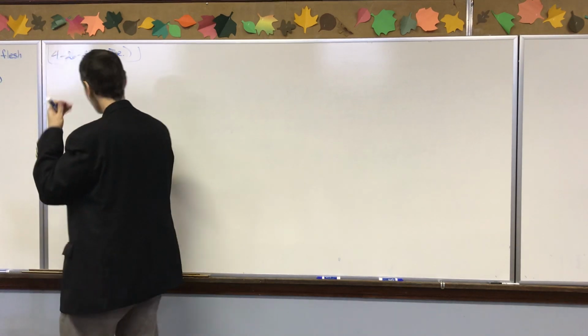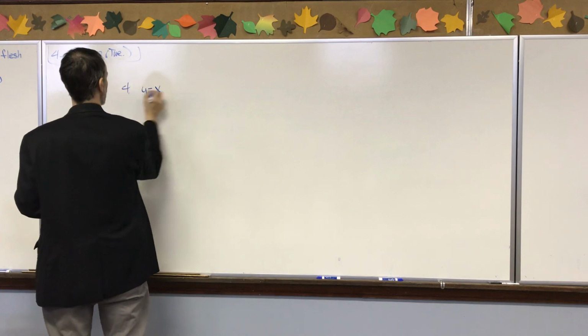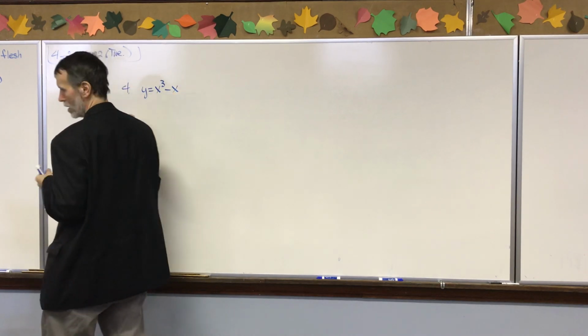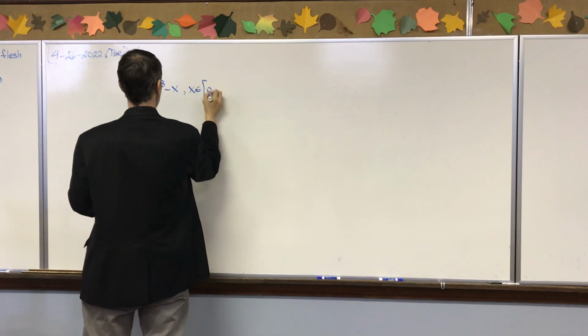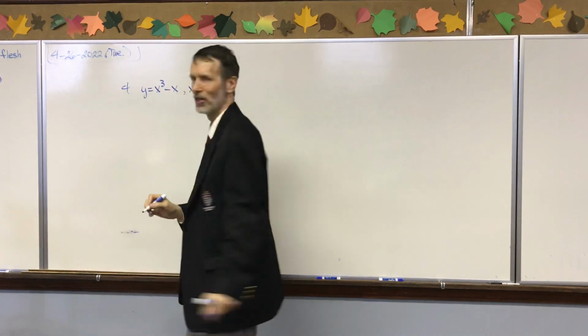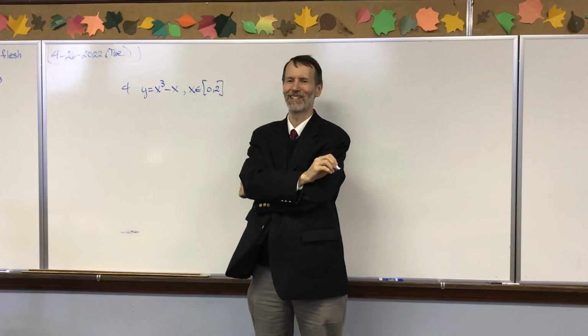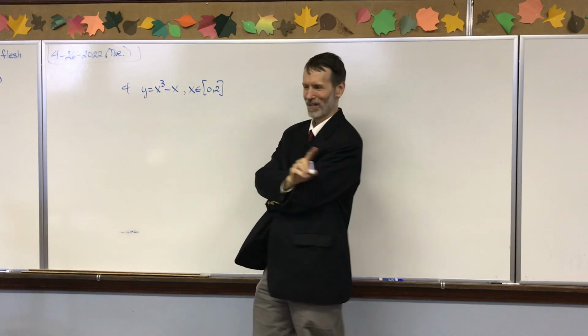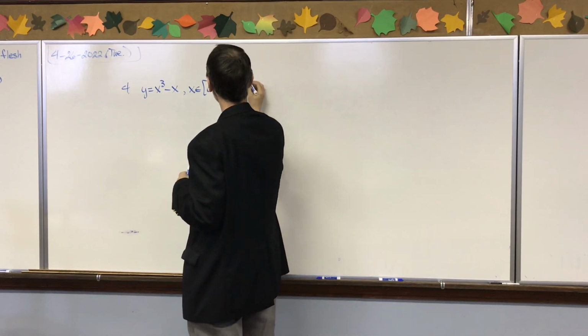Number 4. Y equals x cubed minus x, and it's from 0 to 2. Here's the setup. I do need people tuning in and no extraneous noise. Everybody else not working on this, find something else to work on, please.